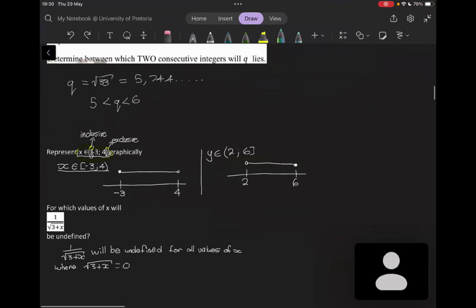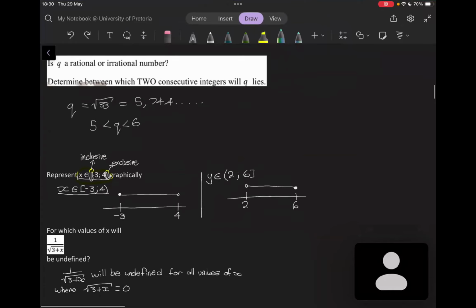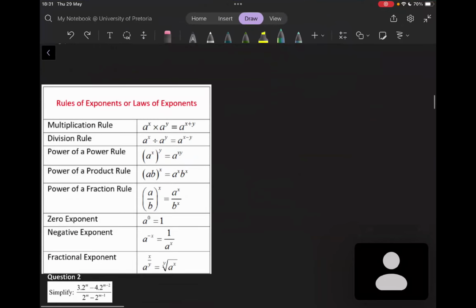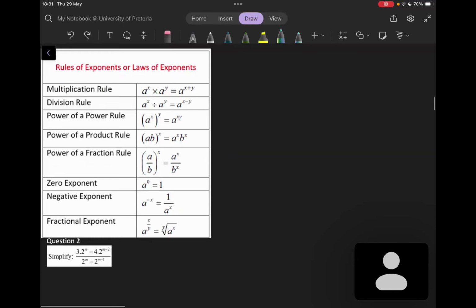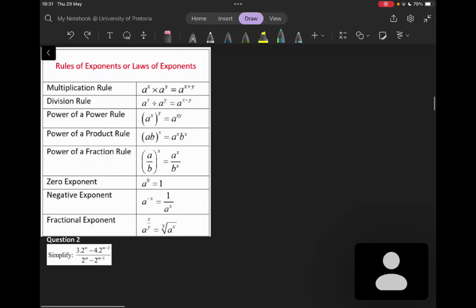I'd say the section we just covered was what I can call the easier part of paper 1. Let's move on to the more demanding or challenging things. For everyone's benefit, I have posted here the rules of exponents. We are now going to work on exponents as our second section.